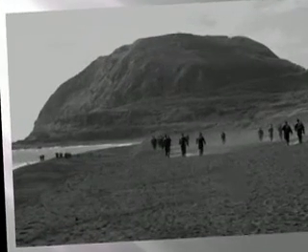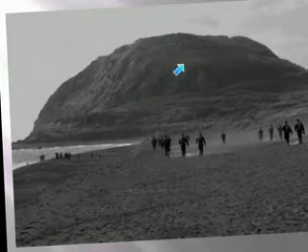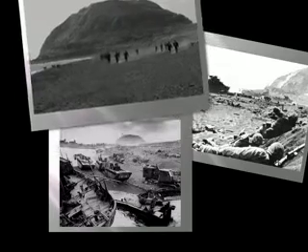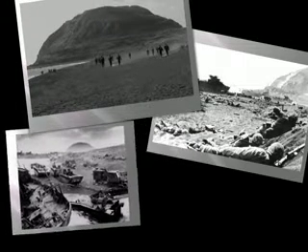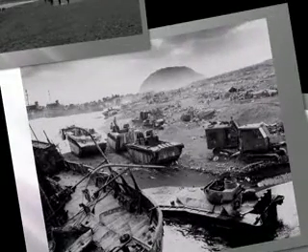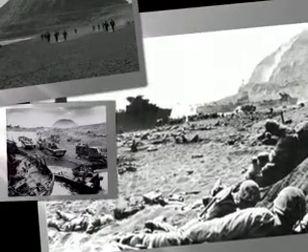This is a photograph of the mountain, or the mount that was stormed, with Japanese entrenched throughout all of this. It's a very small island, but it was necessary to gain an airfield. And these are some other photographs of the invasion that occurs and the brutal fighting that existed.